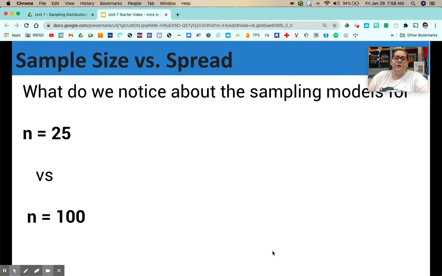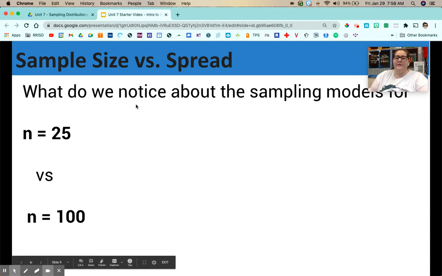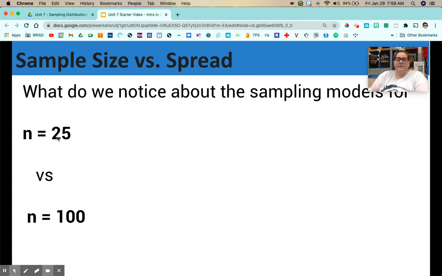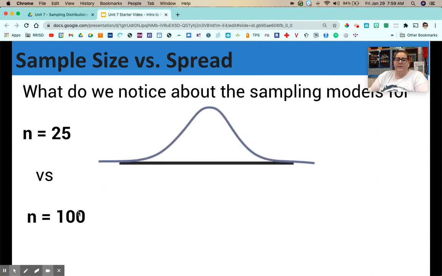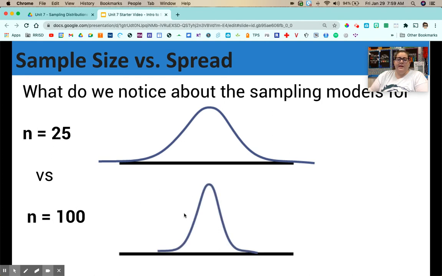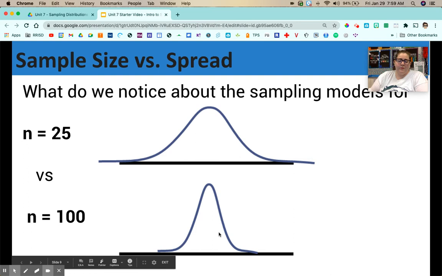I'm going to go through a couple of things that we noticed and just put it in more context. What we notice about our sampling models, or sampling distributions, for smaller sample sizes versus larger sample sizes is that there was a big difference in spread. Shape kind of depends on a couple factors that we'll talk about next time, but the biggest thing is I want you to see that difference in spread.